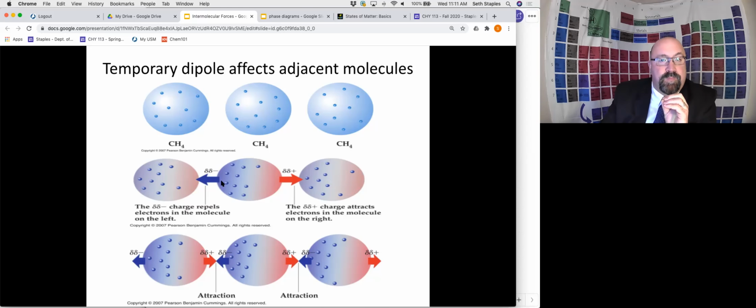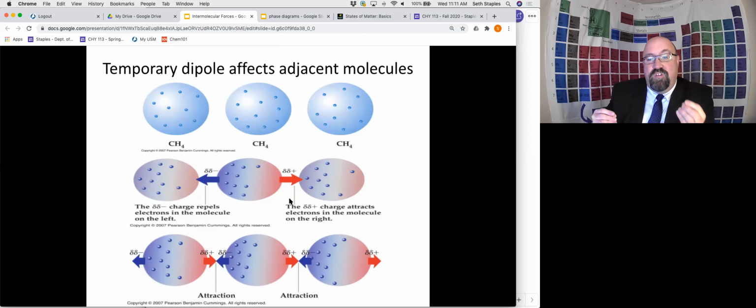In this case, we have a negative buildup on this side of the middle molecule, and that's going to repel some of the electrons in this molecule. Likewise, the small buildup of positive charge here is going to attract the electrons in this CH4. And so then that'll start to line things up a little bit.